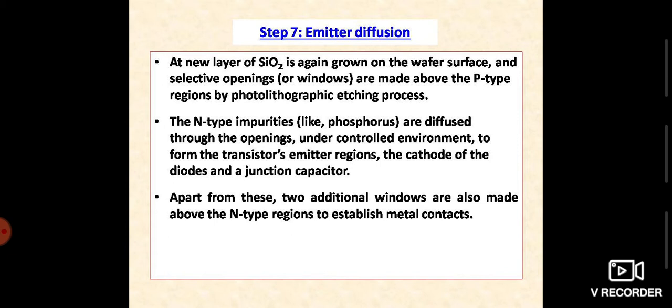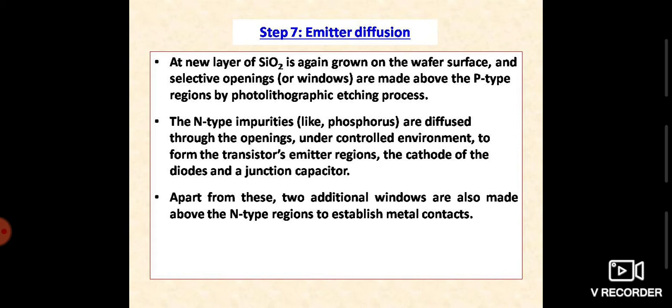The n-type impurities, I hope you know, we have to diffuse pentavalent impurities in order to make n-type silicon. So, the n-type impurities like phosphorus are diffused through the openings under controlled environment to form the transistor's emitter region, the cathode of the diodes and a junction capacitor. So all these are formed by diffusing n-type impurities.